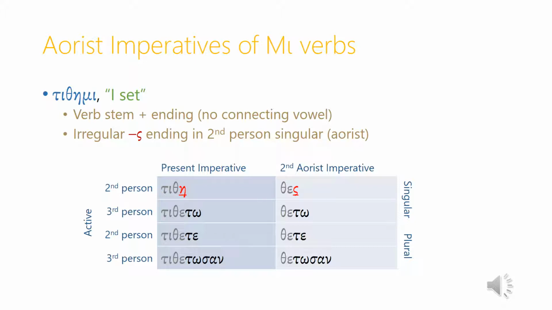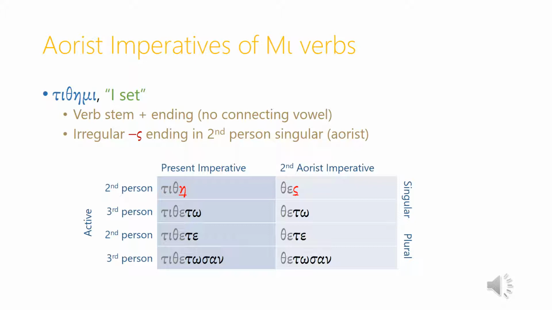Again, the present imperatives of tithemi were tithei, which is just the tithe present stem plus the regular epsilon ending, but now when the two epsilons meet, they join to become a long E-class vowel, an eta. So tithei, and then tithetō, tithete, and tithetosan.